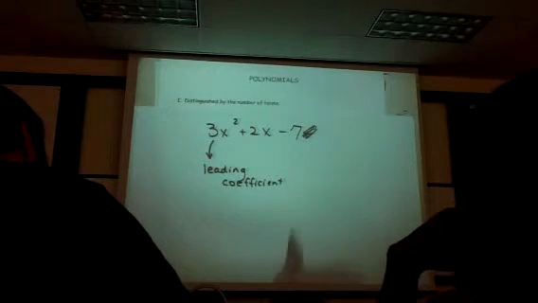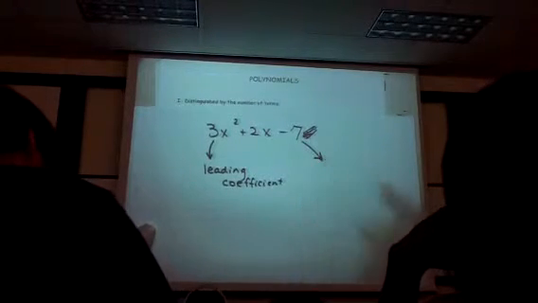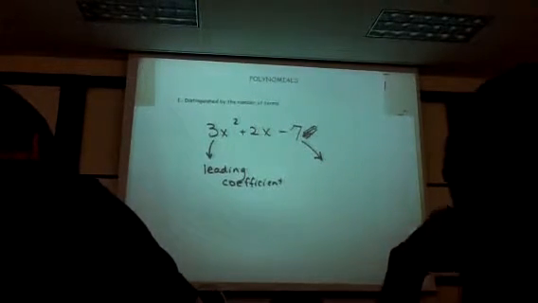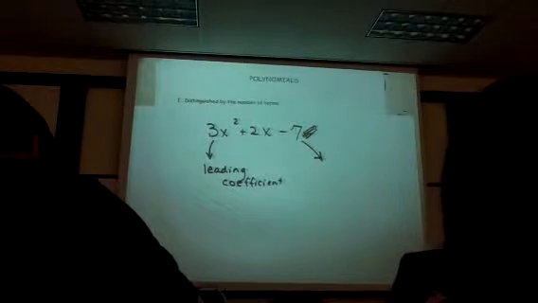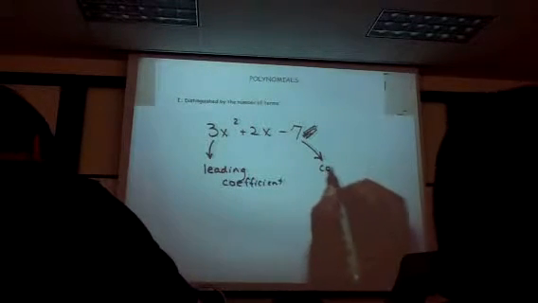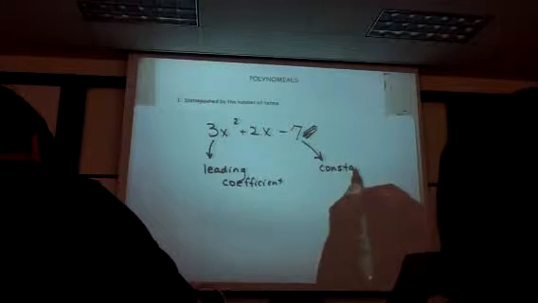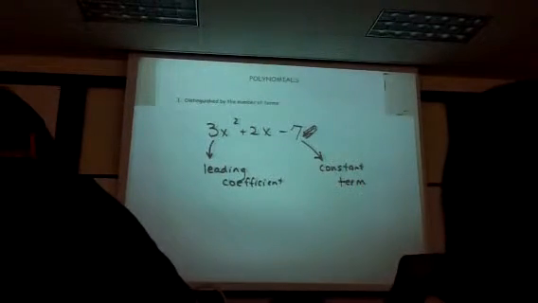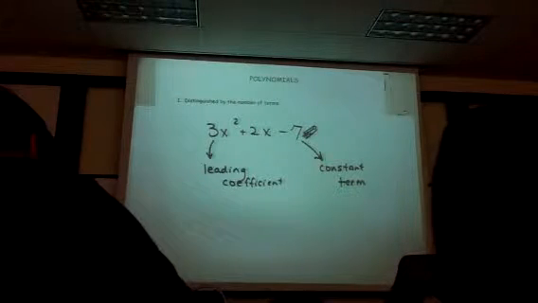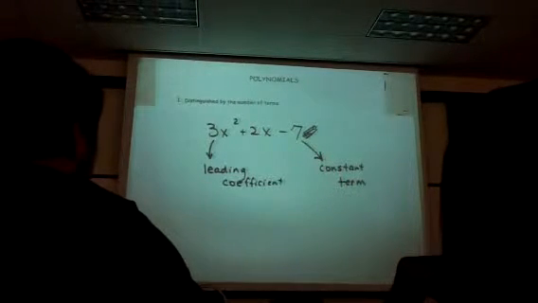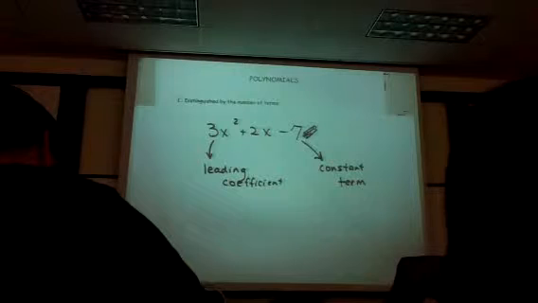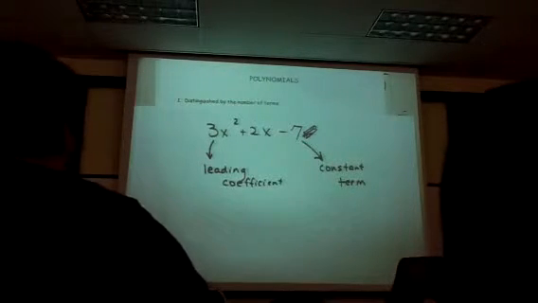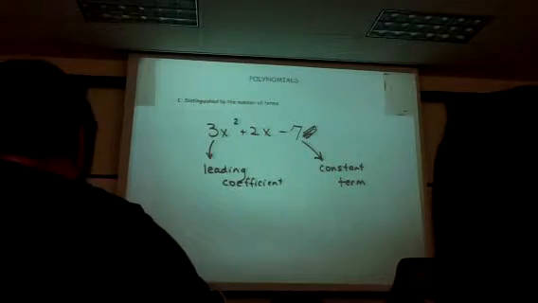Likewise, this last guy has a name. Anybody know what it's called? What kind of term? Constant term, absolutely. And that's a very descriptive name because it's constant. It stays the same. You substitute x for anything, the other terms are going to change their value.